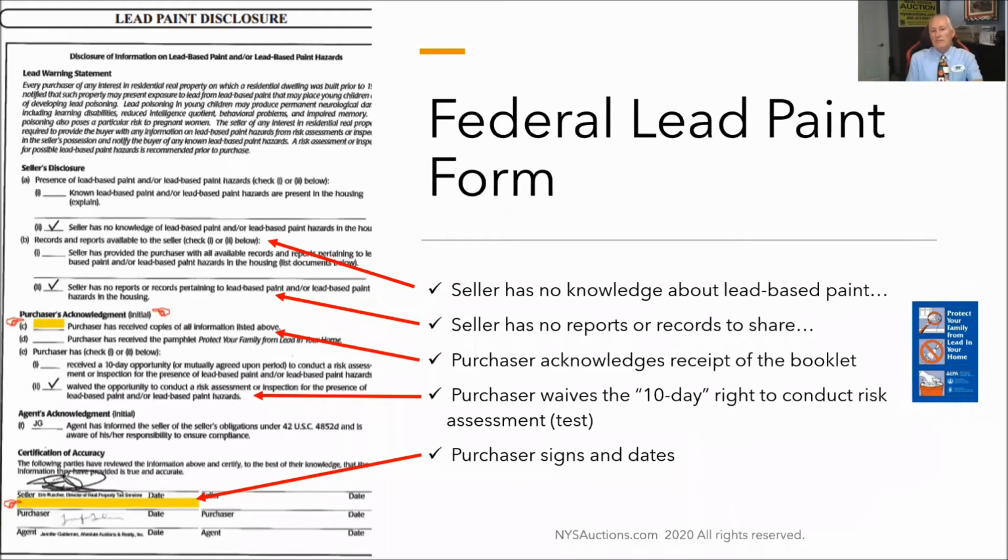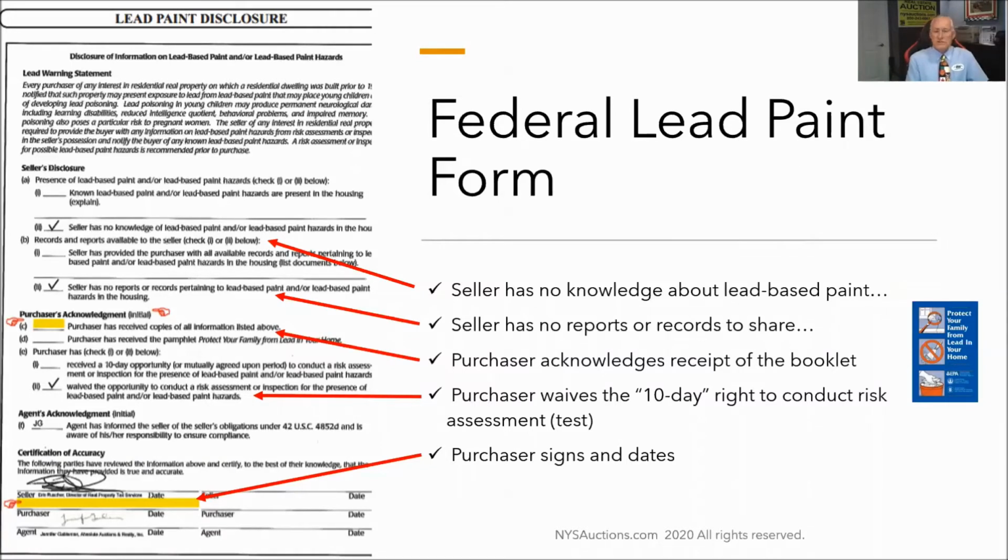The lead paint form. This is a federal form and it's required of all real estate agents and sellers to use this form with you as a buyer when you're buying a one to four family home that's built prior to 1978. The assumption is that the property may contain lead paint.